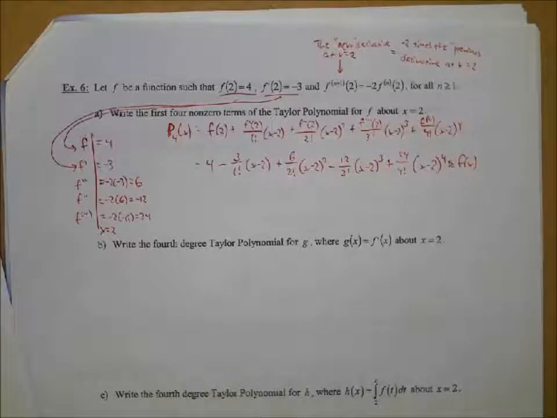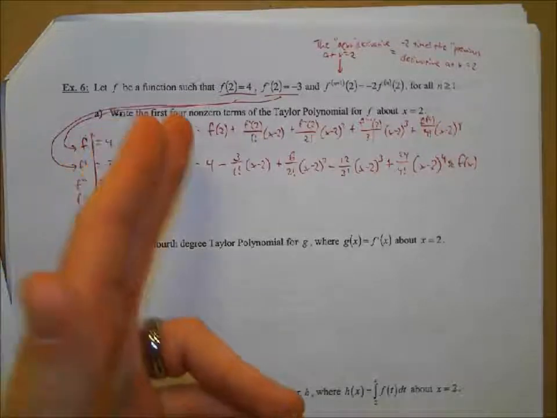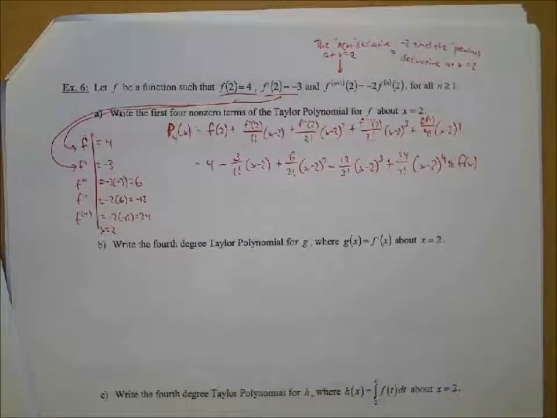Question, Sarah? If any of those values were equal to 0, would you still have to do the first 4, so you do 5? Good question. It does specify here, find the first 4 non-zero terms of the Taylor polynomial, because those zero terms don't really help us, they just disappear.